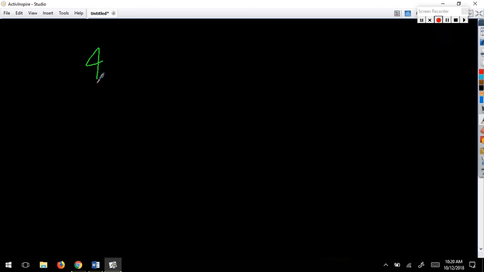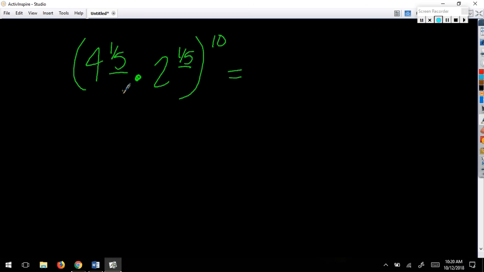One more. Let's say that I have 4 to the 1/5 times 2 to the 1/5, and I'm going to raise it to the 10th. Now I am multiplying, I'm not adding or subtracting, and I notice that the exponents are the same. So remember what I told you, when the exponents are the same and I'm multiplying or dividing, then I can combine the bases.